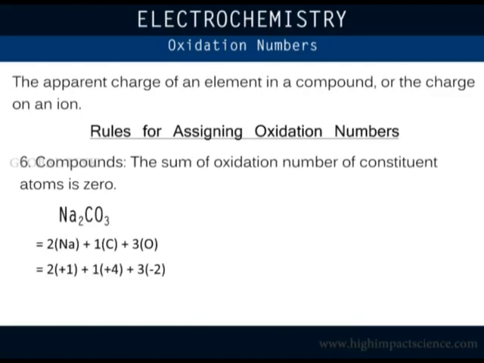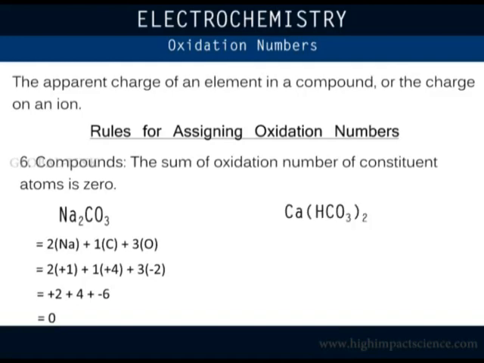So we have 2 times +1, the oxidation number of sodium, plus +4, the oxidation number of carbon, plus 3 times -2, the oxidation number of oxygen. So we have +2, +4, plus -6, and if you do that, you will get 0.